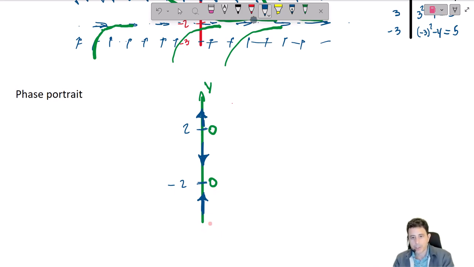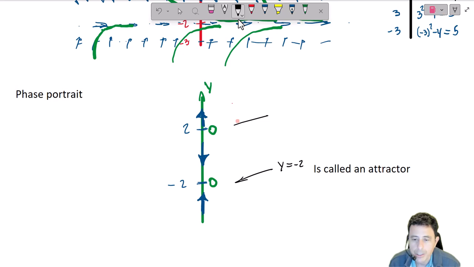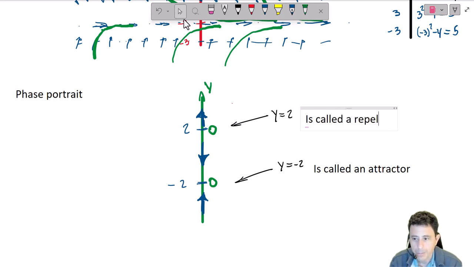So we actually have special names for these. The y equals negative 2 is called an attractor. And then when y equals 2, this is called a repeller, for obvious reasons, right?